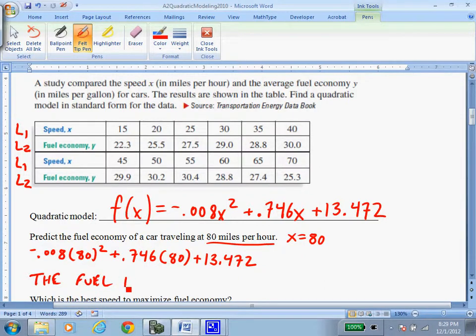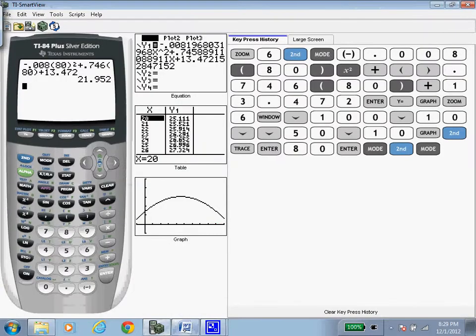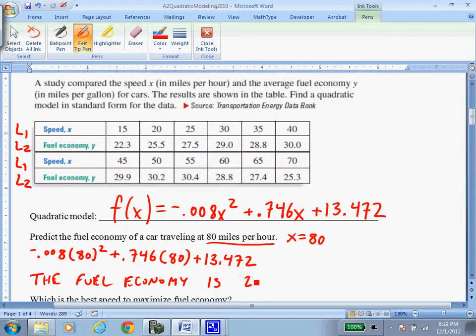So I'm going to say the fuel economy is, and then I need to look back to my problem for the unit. It's in miles per gallon. So my fuel economy is 21.952 miles per gallon at 80 miles per hour.